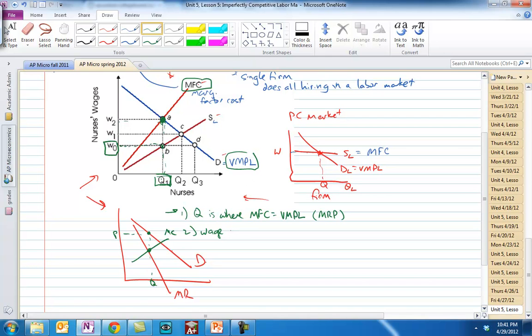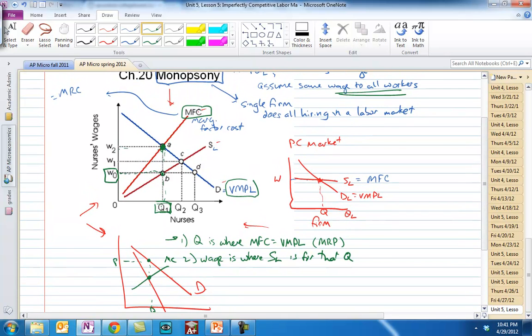So the wage is where the supply of labor is for that quantity, or the wage that goes along with the supply for labor for that quantity. It's the wage you have to pay to get that many workers to come out. So this is how you find the quantity of labor the firm will hire and the wage that it will pay for a monopsonist.